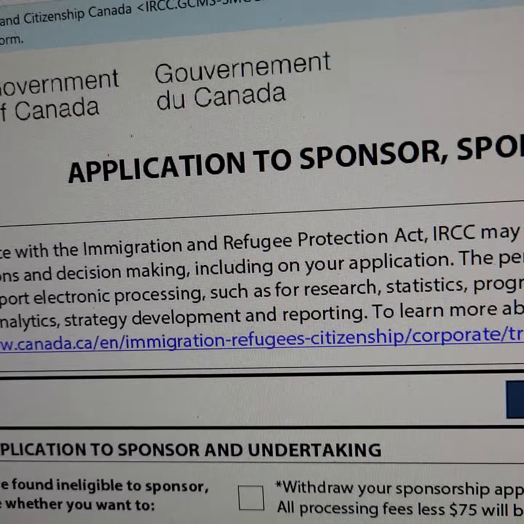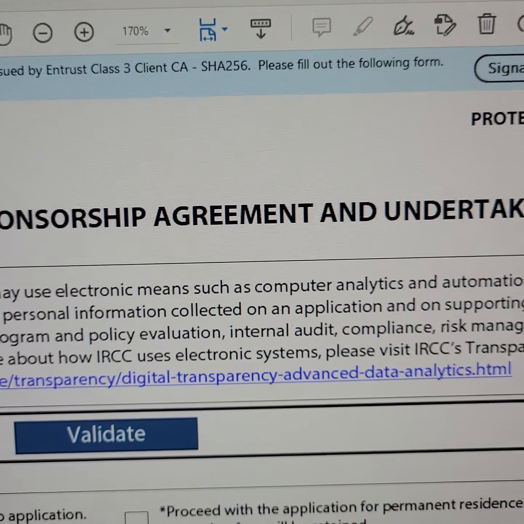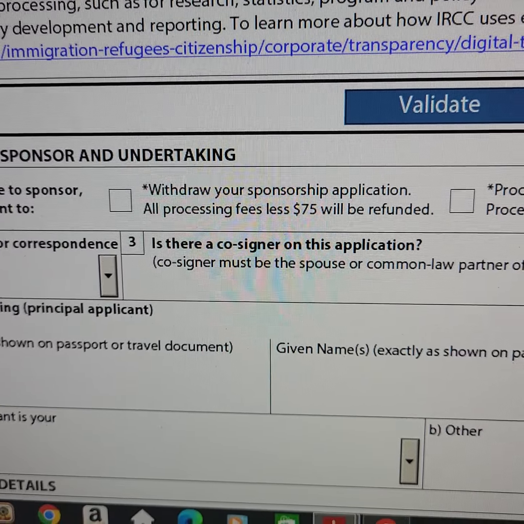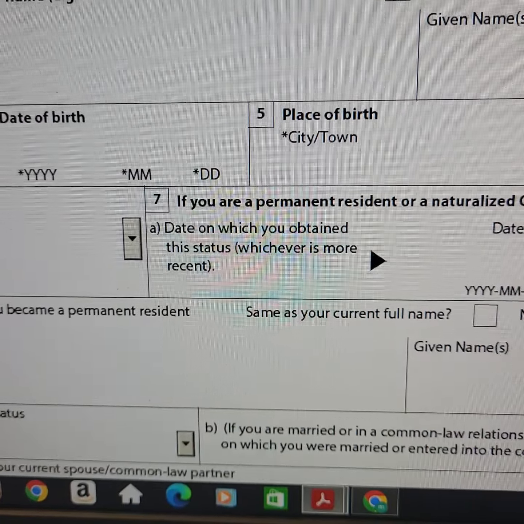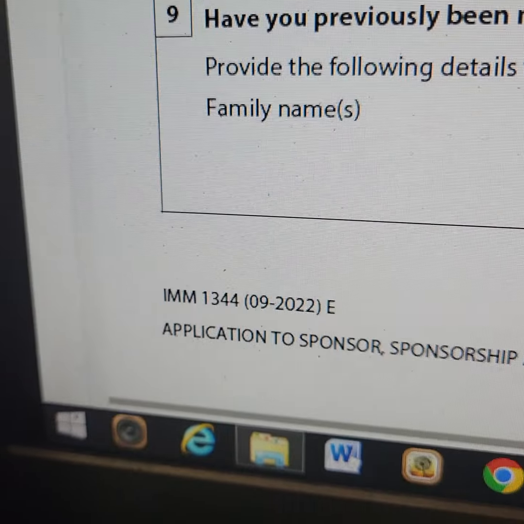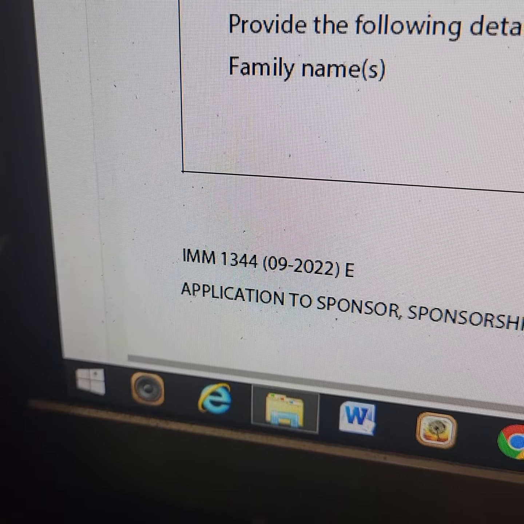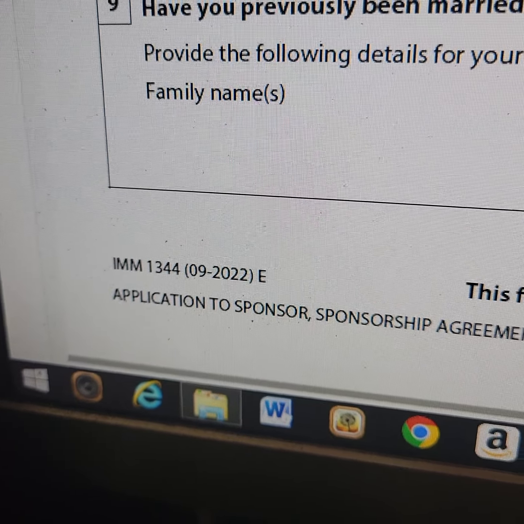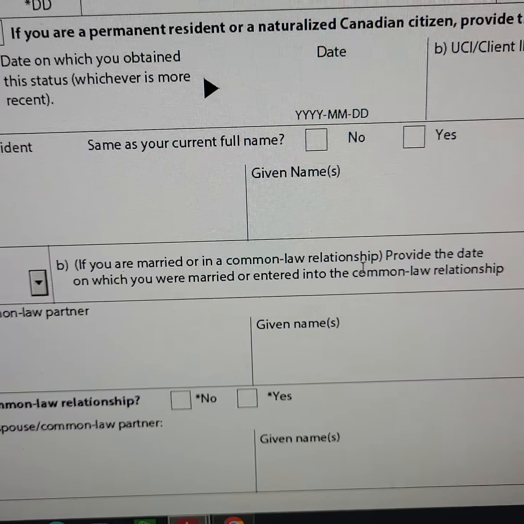The newest form is application to sponsor, sponsorship agreement, and undertaking. Now we will be filling out this form, and as you can see on the very bottom, it says IMM1344 September 2022, which means this is the newest form.